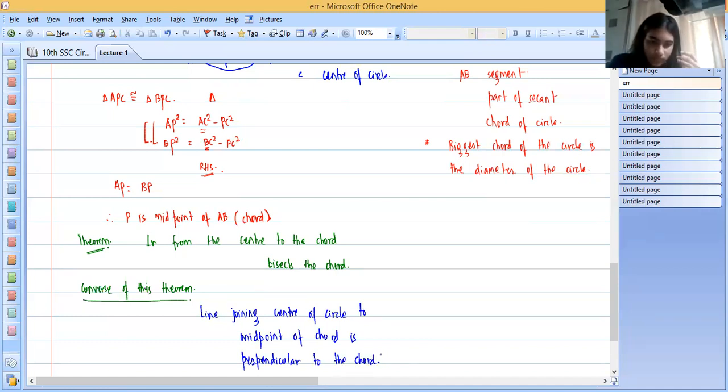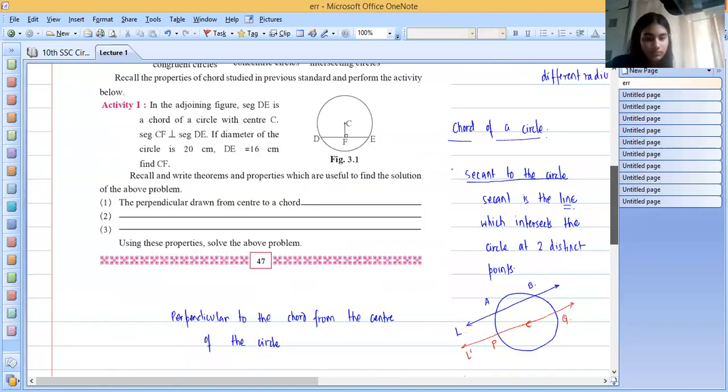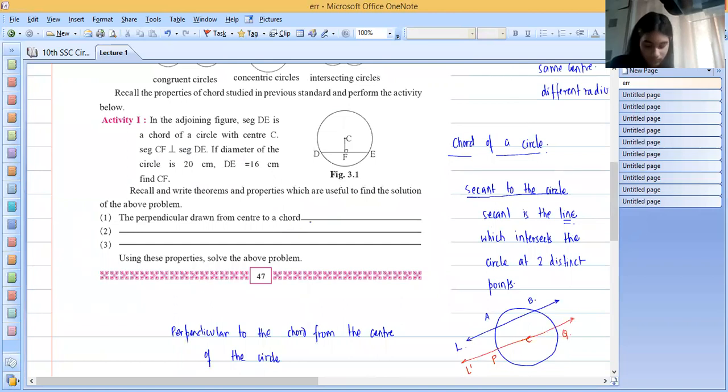Right? Yes. The perpendicular drawn from center to the chord bisects the chord. So on and so forth.